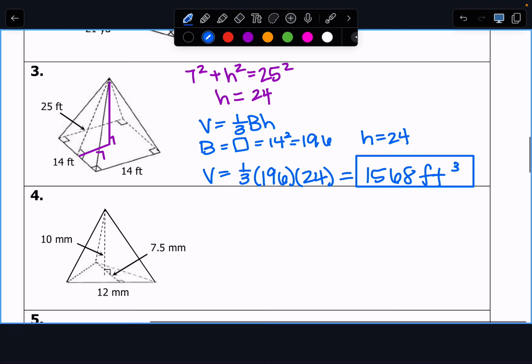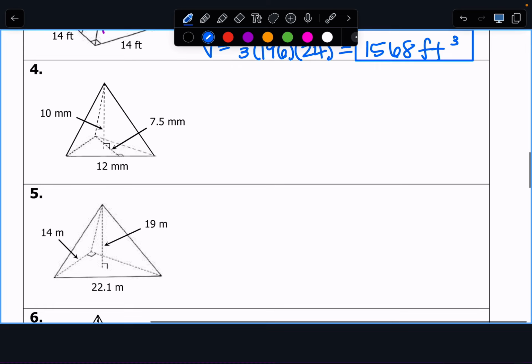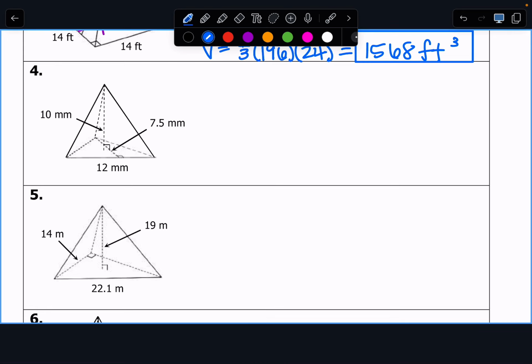You know what? I want to see if you can do number 4 without me. It's a triangular pyramid, but you can do that, right? Of course you can.